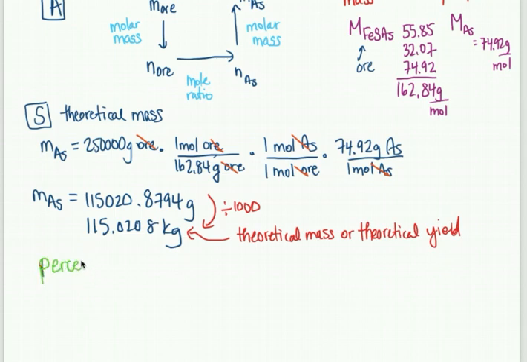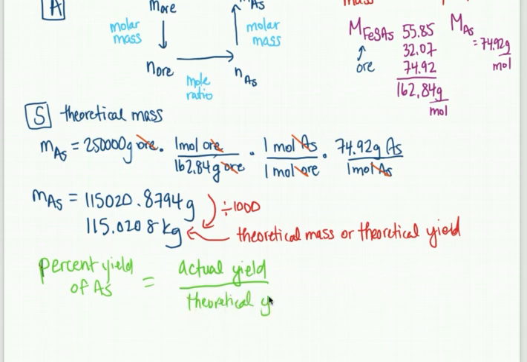Okay, so the percent yield of the arsenic is going to be, remember, the actual yield over the theoretical yield, and then multiply by 100.